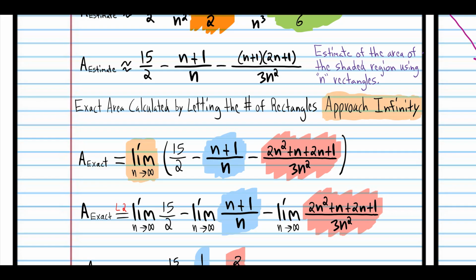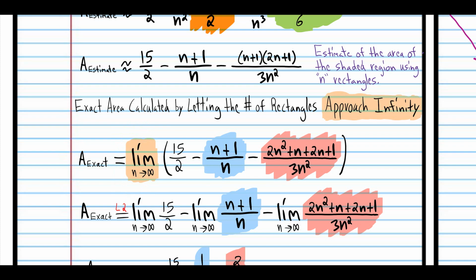And as the number of rectangles increases, we're going to find that our estimate for the area is going to approach a number, and that number is what we call a limit. So this expression is going to get closer and closer to a number, but it can't go past that number. That number is the limit, and that number represents the exact area.